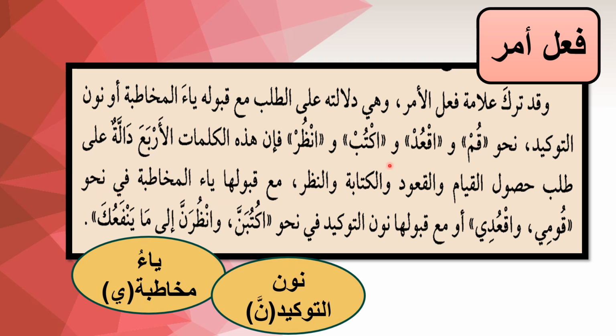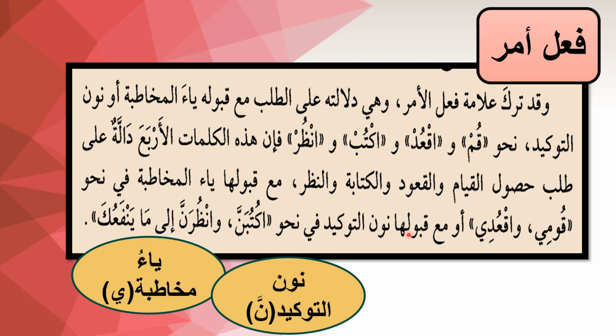Now in all these four examples, if you add ya مخاطبة, for example, قومي, now this command verb is being used for the feminine singular. اقعدي. So remember that in fail amr it can accept ya mukhatiba for feminine. If you don't see a ya mukhatiba for these examples, you will see a sukoon over it at the end.